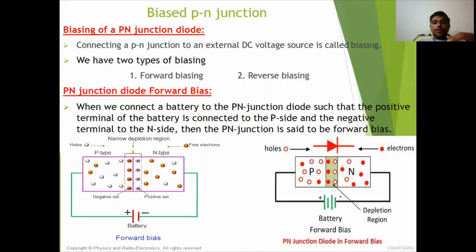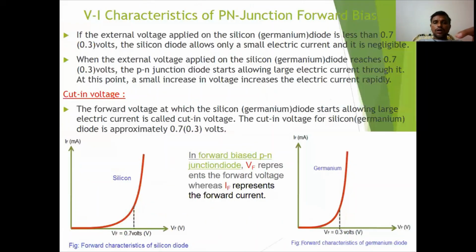If you consider a silicon diode and the external voltage is less than 0.7 volts, only a small amount of current will flow, and that will be negligible. Once the external voltage applied to the silicon diode reaches 0.7 volts, the junction diode starts allowing a large electric current.